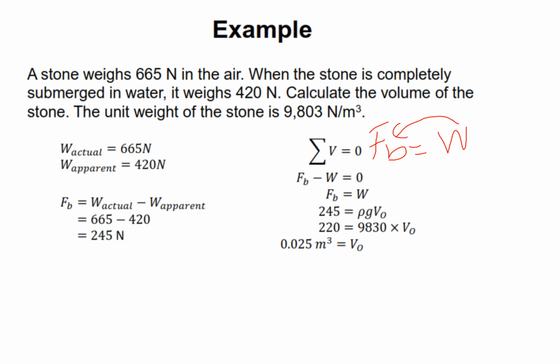And then you substitute Fb is 245 and use the formula for weight, rho g V object. Then we can calculate how much is the volume of the object, so it is 0.025 meter cube.